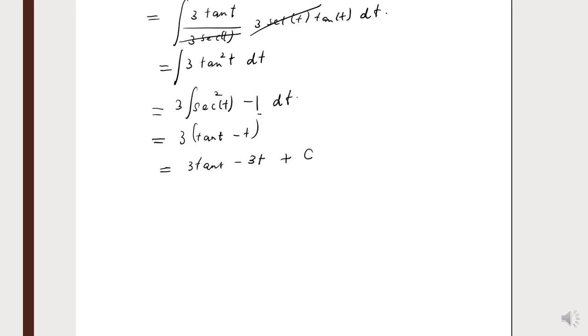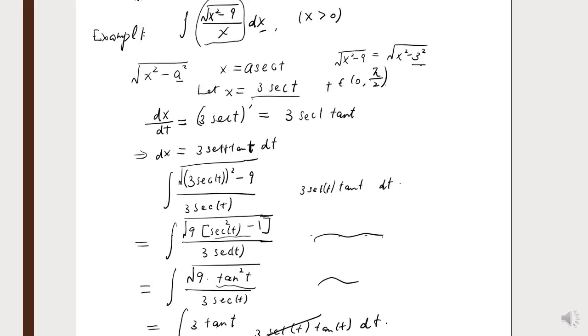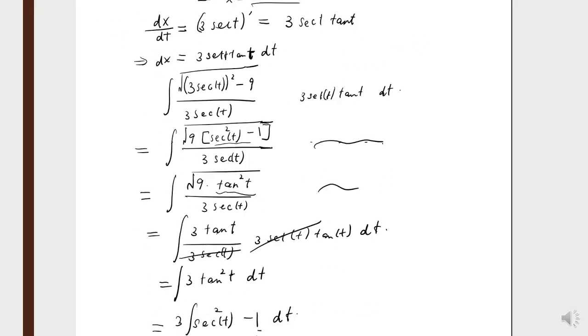Previously we had x equals 3 sec t. So this time you just have to do the opposite direction, the inverse operation, to have t expressed by x.